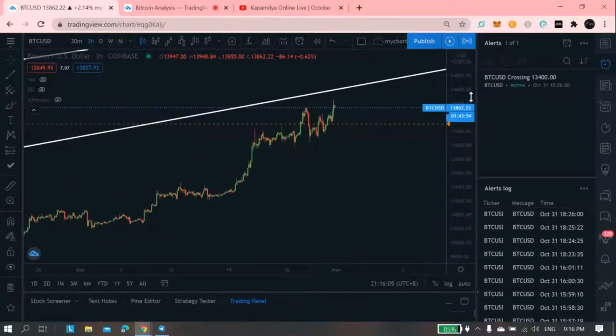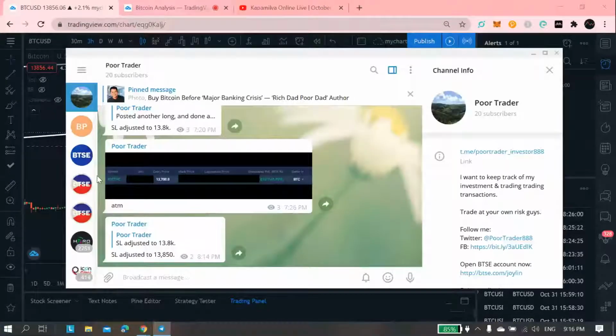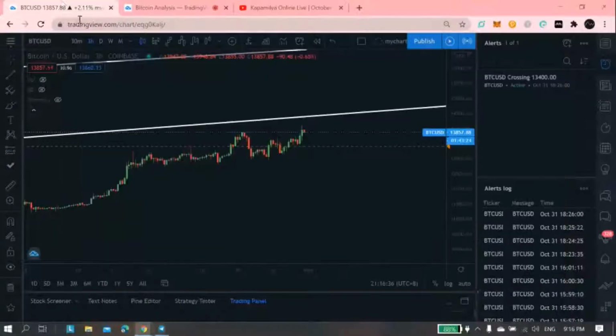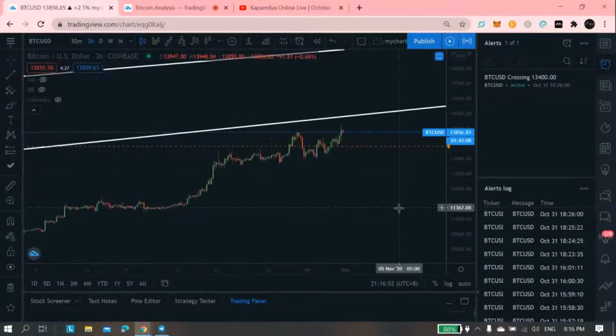It actually reached as high as 14,098.92. And then from there, it pulled back to the 13,950 area, which is now trading at 13,857. I might get stopped out, but again, my entry price is 13,700. So let's see.